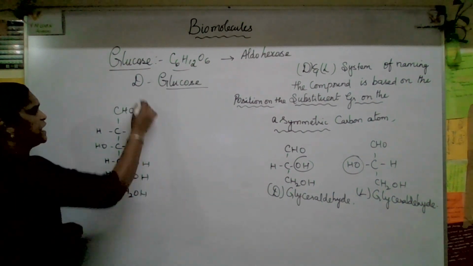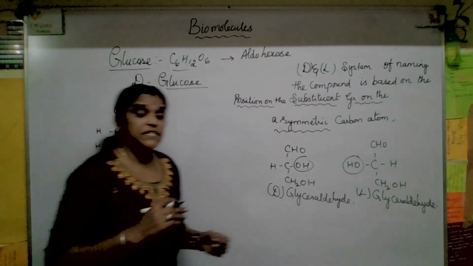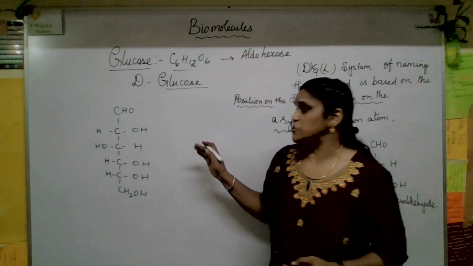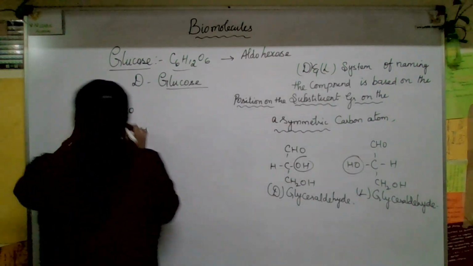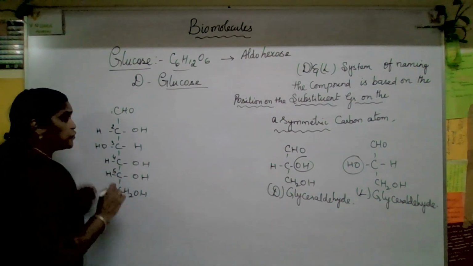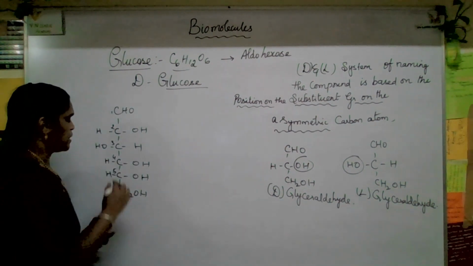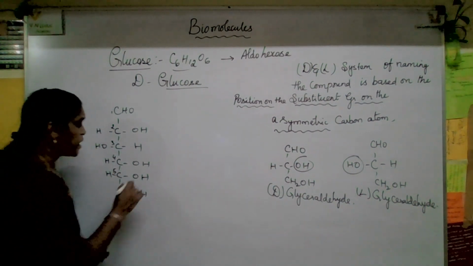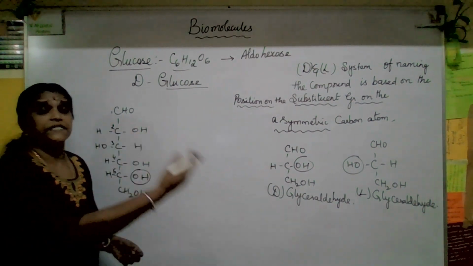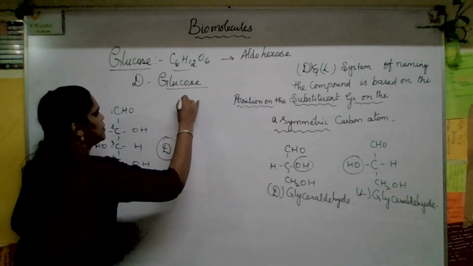So this is D-glucose. We look at the highest asymmetric carbon atom, which is the fifth carbon. On the fifth carbon the OH group is present on the right hand side, so we can say it is D-glucose.